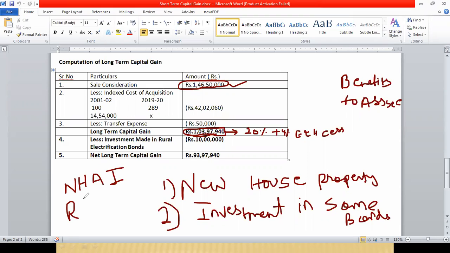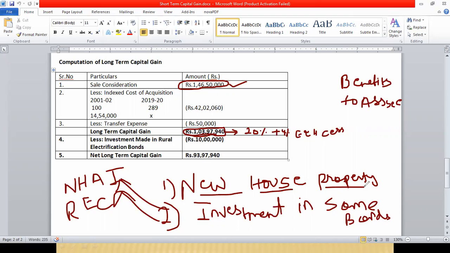Or Rural Electrification Corporation, if they are issuing some bonds. If investment is made in these bonds, you will get the benefit on capital gain. So no need of paying capital gain tax if you are making investment in these bonds or in a new house property. Okay.